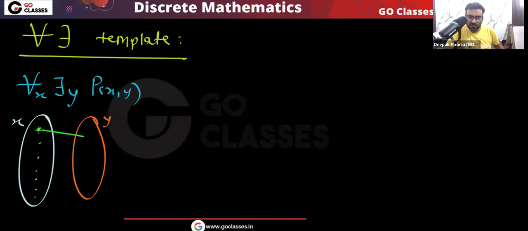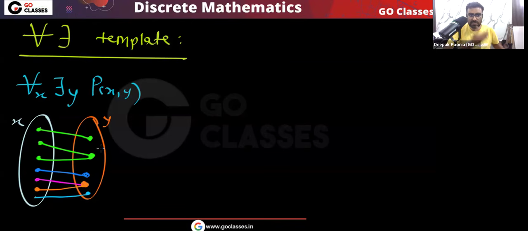Like for this we have this, for this we can have this, maybe for this also we have this. So it's like that for every x there is a y, for everyone there is someone. Different x can have different y or the same y. I hope you are getting the point, that for everyone there is someone. This is the idea, this is the template.